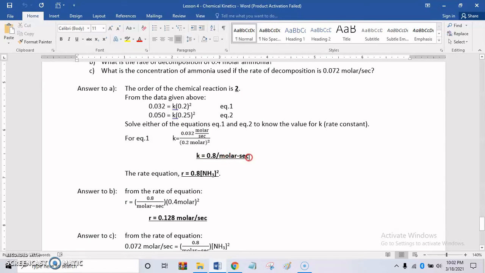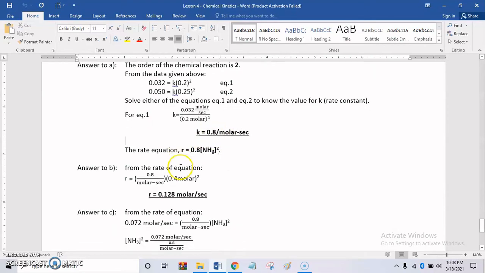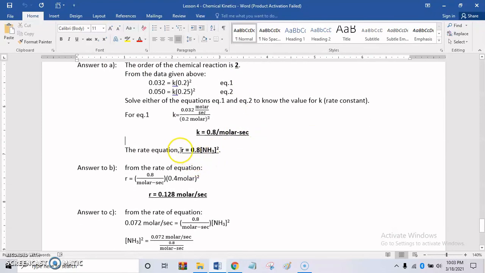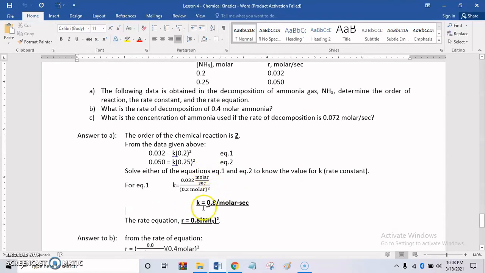That is the unit of the rate constant. Now, the last question is the rate equation. The rate equation is R equals K concentration to the power of order. Nilagay ko lang yun lahat, inputting all the information to get this rate equation.